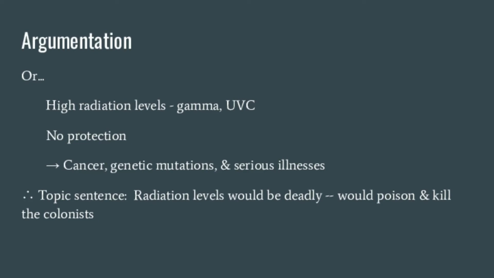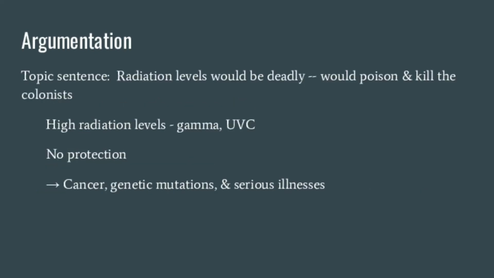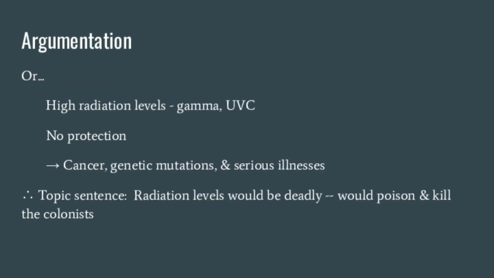Therefore, topic sentence: radiation levels would be too deadly, would poison and kill the colonists. So you can have your topic sentence at or near the beginning of a paragraph, and then develop the particular claims that support it. You can go the other way. The first way, you have your topic sentence first, and then you develop your premises to support it. That's probably easier for a writer, especially if you're not used to academic writing. But you can do it the other way.